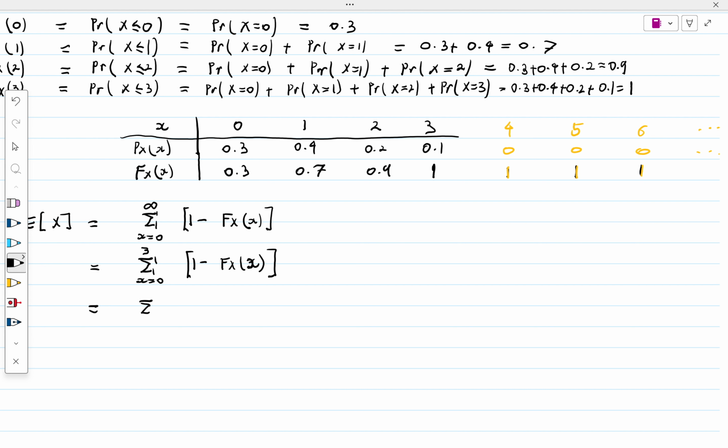Now substituting our values, this gives us 1 minus F_X of 0 plus 1 minus F_X of 1 plus 1 minus F_X of 2 plus 1 minus F_X of 3.